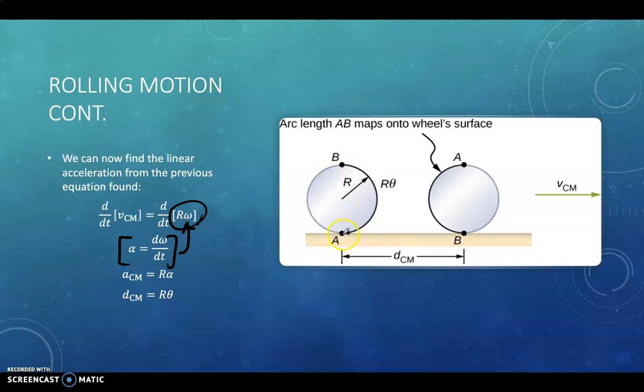So it's rolling in this direction, and as it rolls, it's going to hit this point right here, and then it'll hit point B over here. Whatever this angle is that it covers times r will be that displacement or distance.